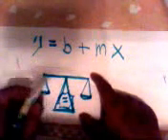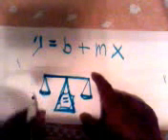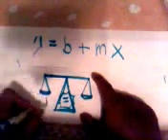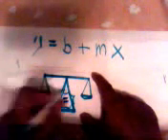Otherwise, the balance will not be equilibrated, right? So this is the equation we have right here: j equal to b plus mx.